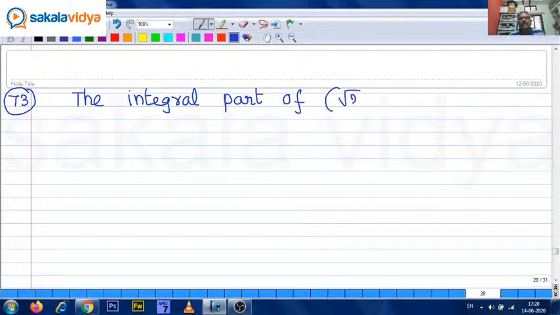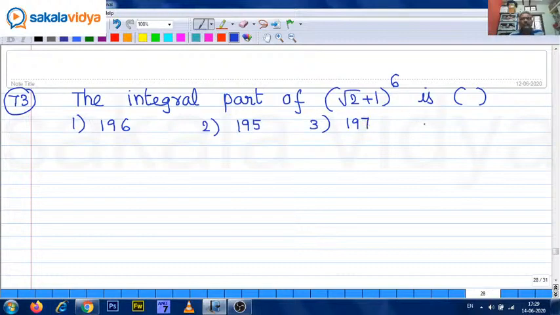The integral part of (root 2 plus 1) whole to the power of 6 is: first option 196, second option 195, third one 197, fourth one 198. Okay, we need to find the integral part of (root 2 plus 1) whole to the power of 6. This type of question is very important in competitive entrance examinations.